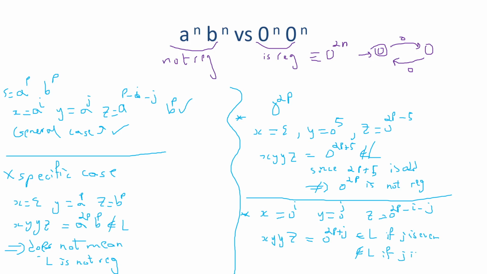And this is really why the pumping lemma doesn't work here, or rather, it's not sufficient to prove that this is not regular, because, hey, not all the cases work. All the cases have to work in general to prove that a language is not regular. So here we can't deduce that 0^n, the language, is not regular.